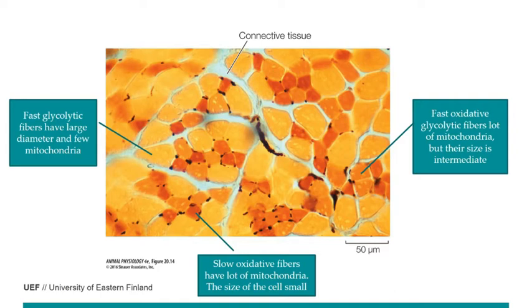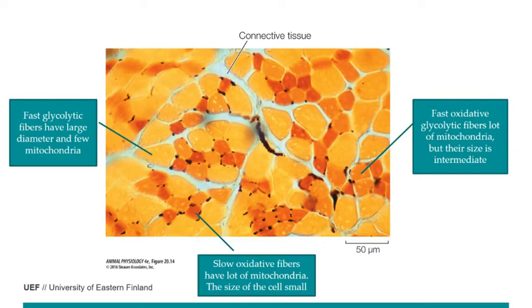They're on the left-hand side. These fast glycolytic fibers are large cells with only few mitochondria. And then at the bottom, there are some red cells, smaller, and a lot of these black dots, so a lot of mitochondria. These are the slow oxidative fibers.